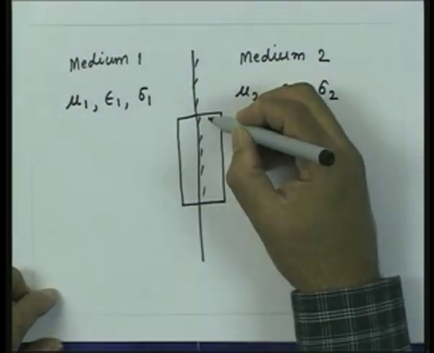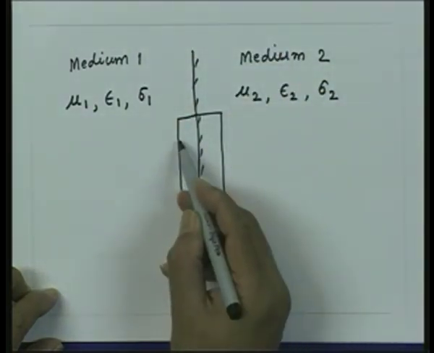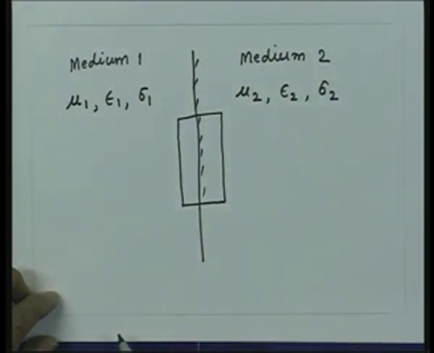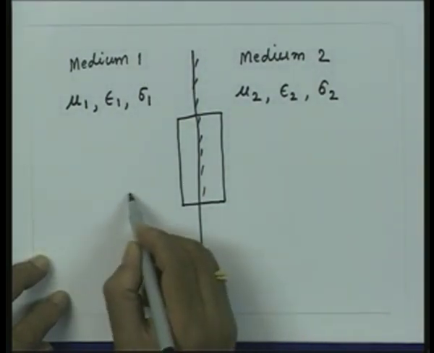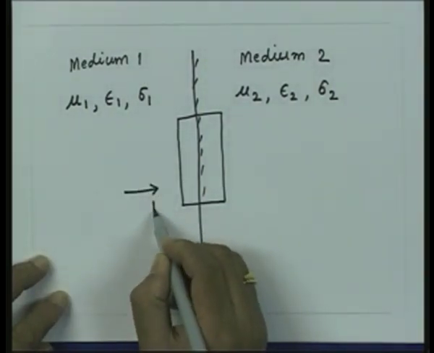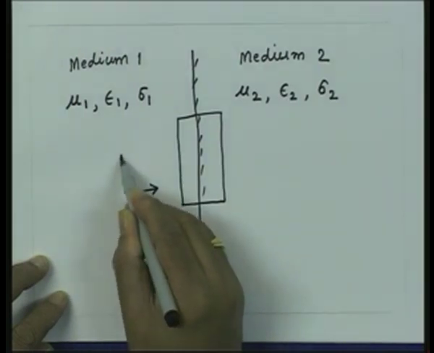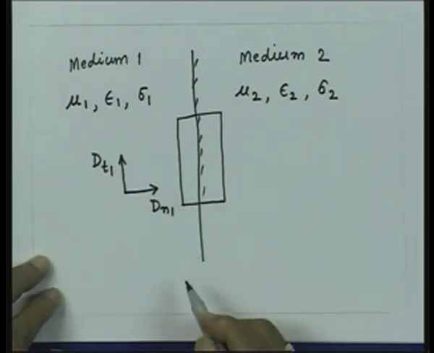So the displacement vector might be coming in this direction, it might be coming from this direction, it might be from this direction. So if I say the displacement vector here has two components, say D_N1, and let us say this is the tangential component, which is D_T1.